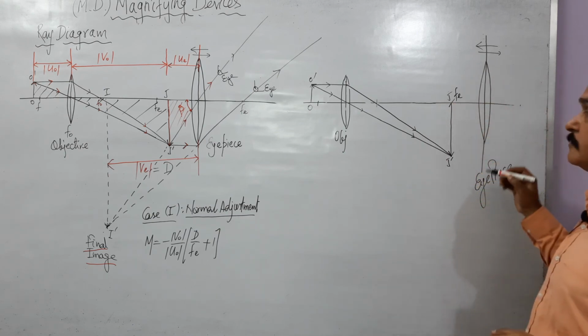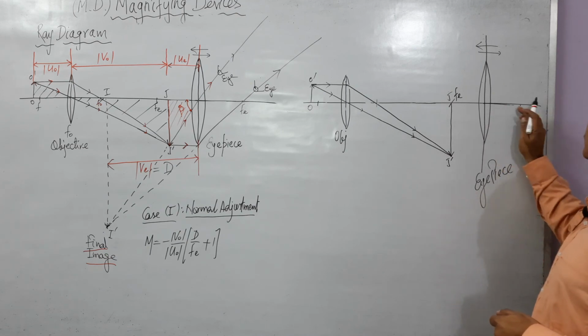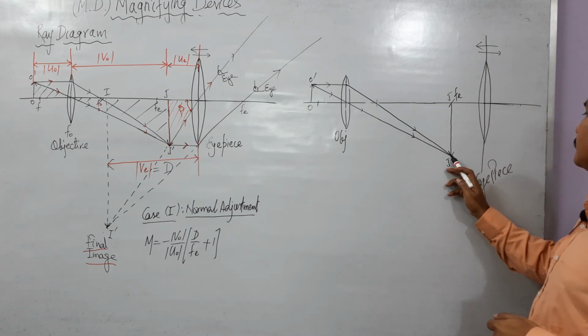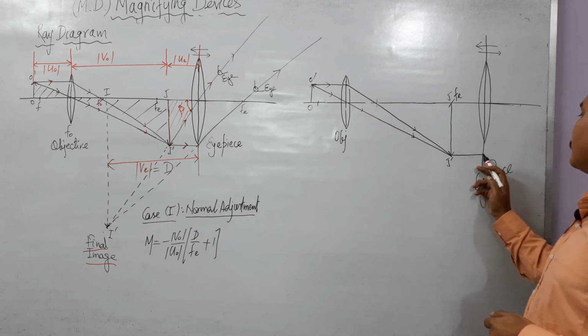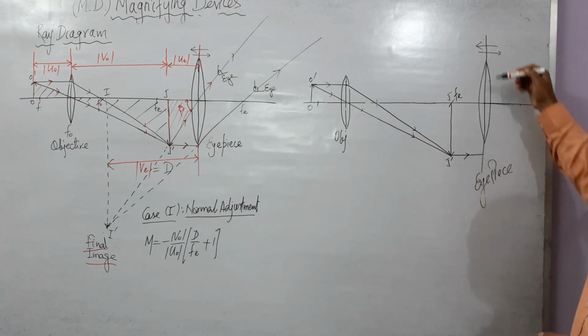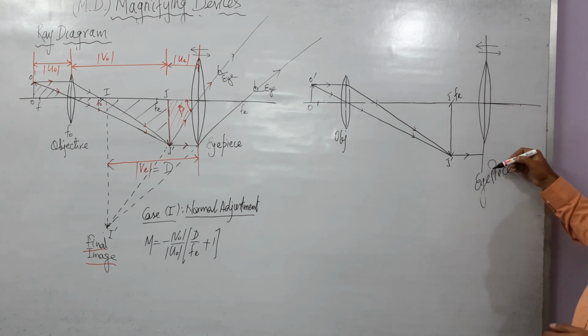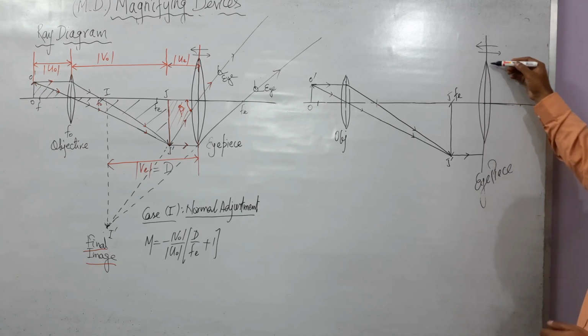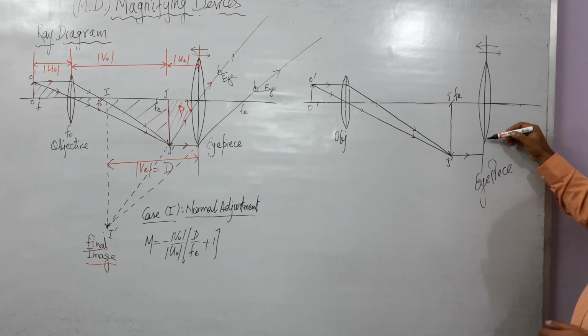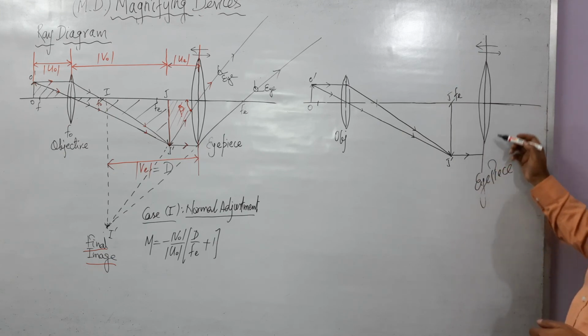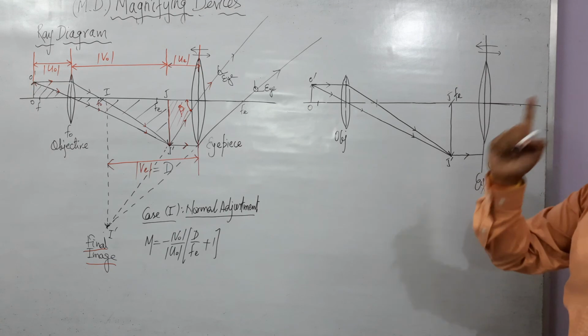We can mark it here. Now as usual, the parallel ray after refraction. If the lens is short, you have to show the refraction over its axis. As you can see here, I have made the lens from here to here. But how to show the refraction of this parallel ray? Just show the refraction over the axis of the lens.